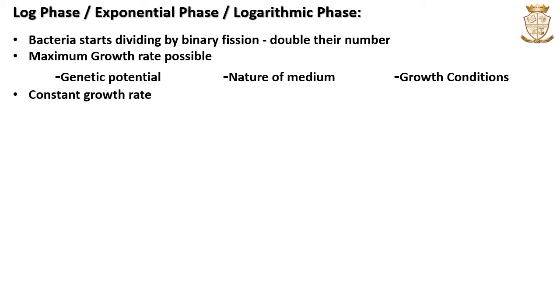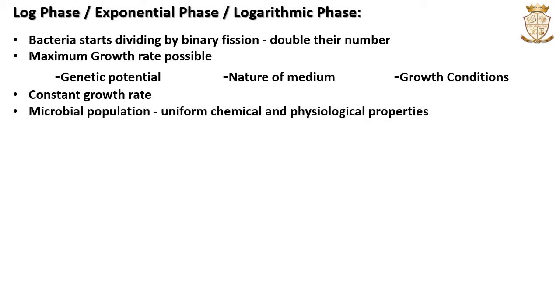As we said, the microbial cells are dividing at their maximum growth rate possible, and the rate at which the bacterial cells are dividing is constant during the exponential phase. They are dividing at regular intervals.